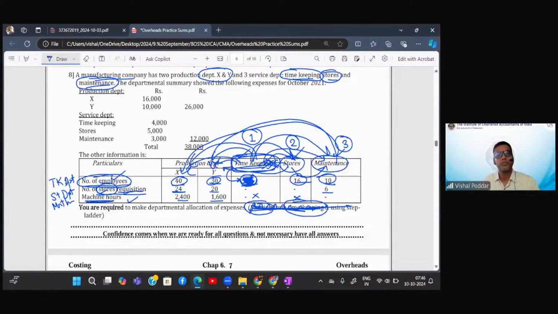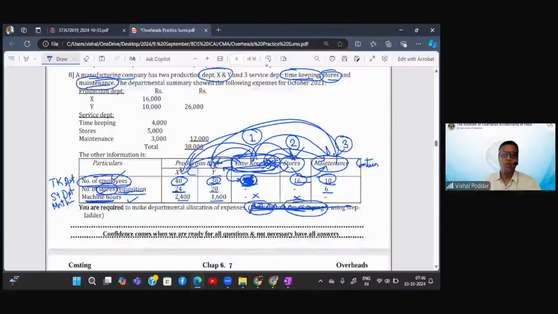Sir, I'm just asking for the logic. The logic would be that the employees in the timekeeping department are only doing work for production and different departments. Am I correct, sir? See, I cannot say that they are doing it for the other departments only. Let us say we had one more department like canteen. In canteen also, there are some employees.